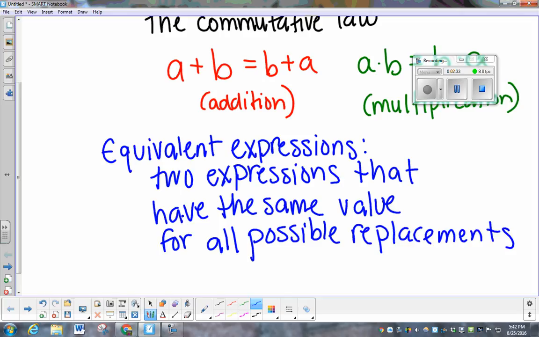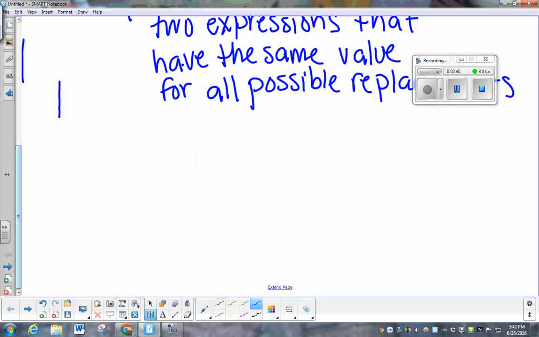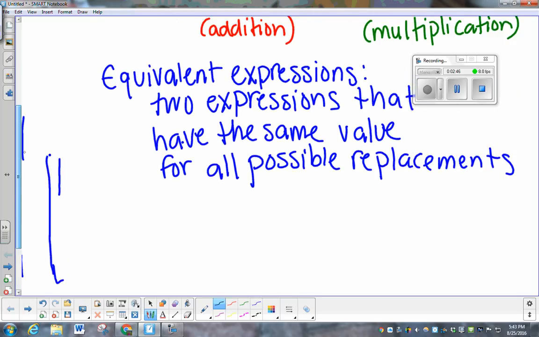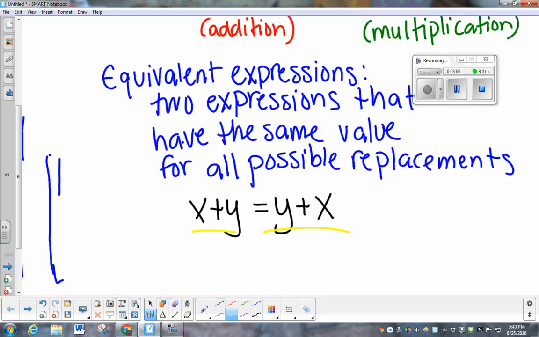And when they say replacements, they're talking about if you replaced a variable with something. So for example, if you had the expression x plus y, it doesn't matter what x and y are, no matter what you replace them with, that's the same as y plus x. So this and this are equivalent expressions. And you can use the commutative law to write equivalent expressions.